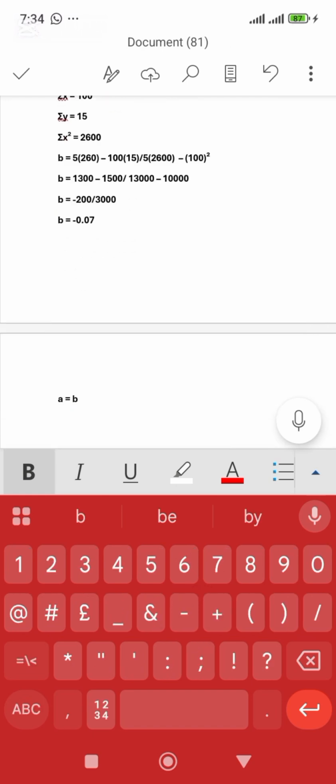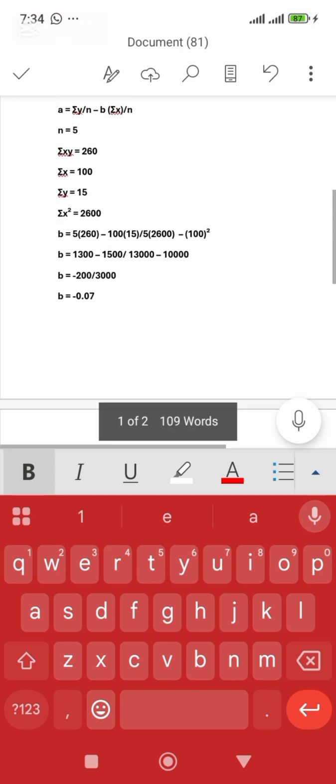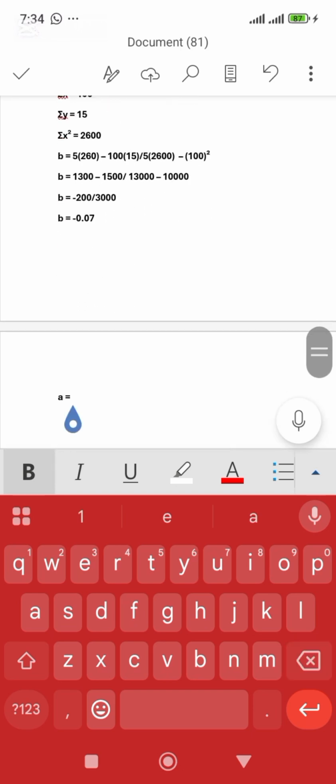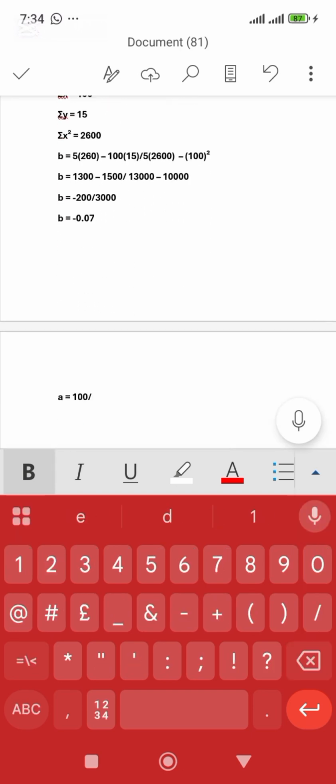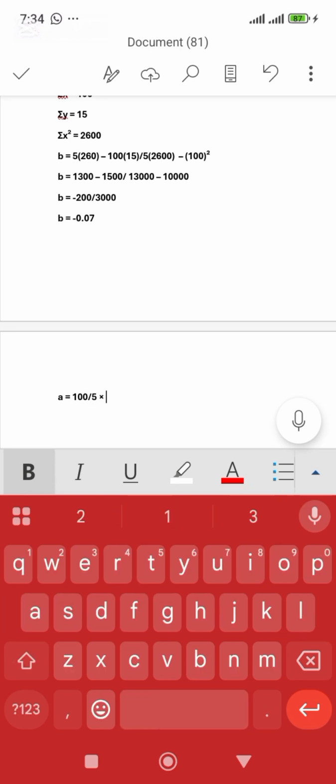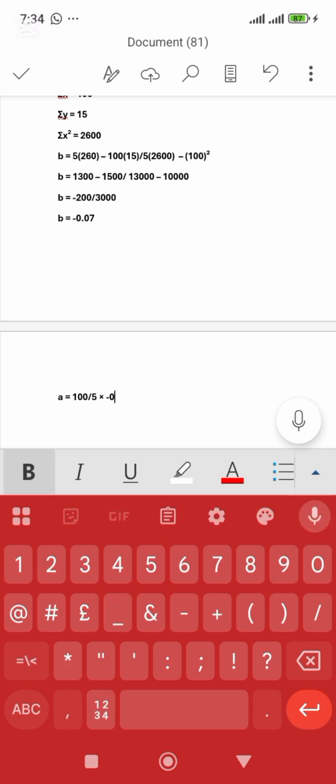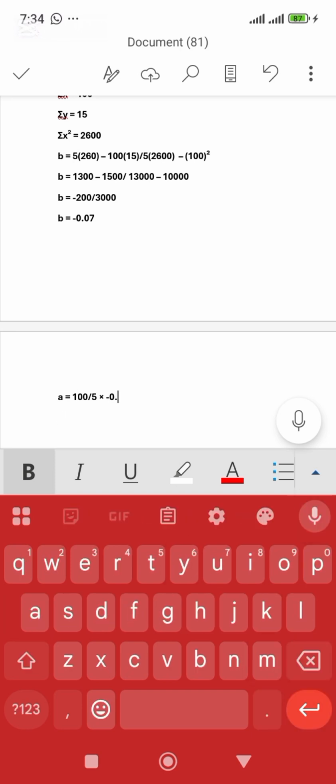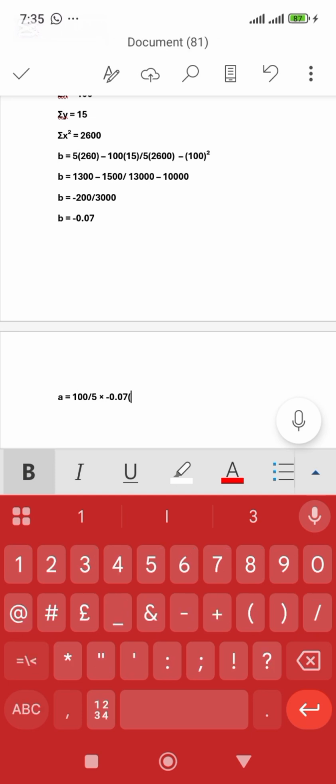So summation y is 15, right? So 15 divided by 5. Oh, that was a mistake. I'll correct it very soon, but let me continue first. Minus, let's say b is minus 0.07, so the minus is two of them now. Oh, I want to put times, I also correct that one. Divide times what is the 100.